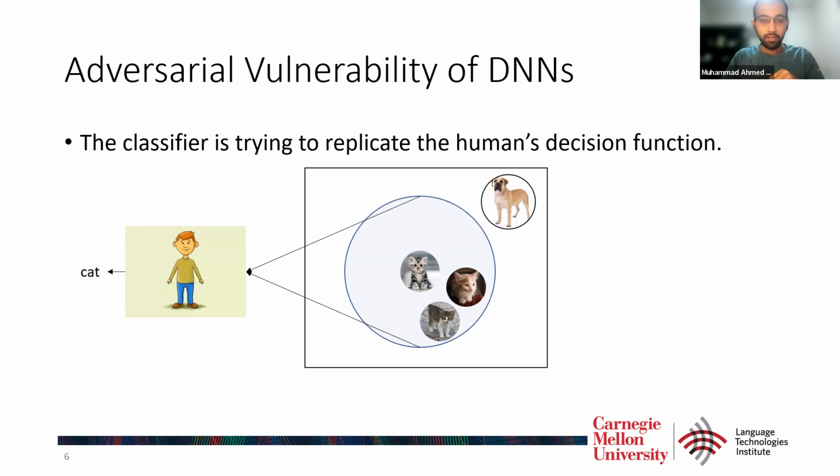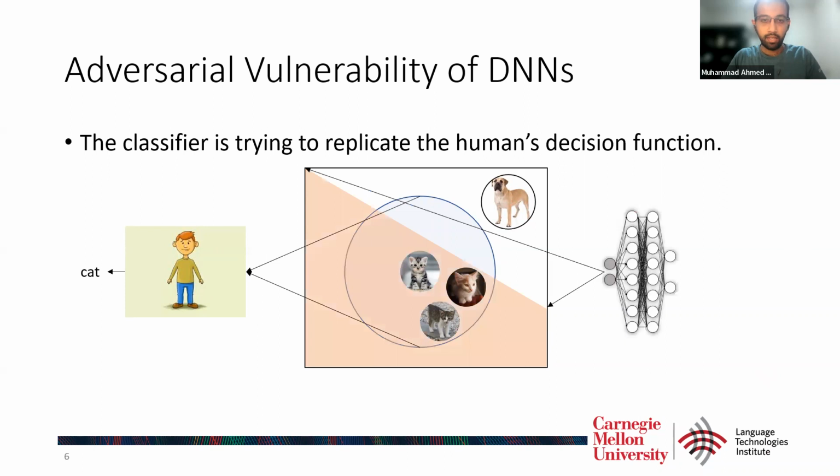Now, following the example I introduced earlier, we have three images of a cat. They live in this blue circle, which the humans consider to be cats, and then you have this other set of images of dogs that occupy this circle on the top right. These are all images of a dog. And now the model is trying to learn a decision boundary that separates cats from dogs. As you can see, there are many such decision boundaries that are possible that, given this training set, are equally good.